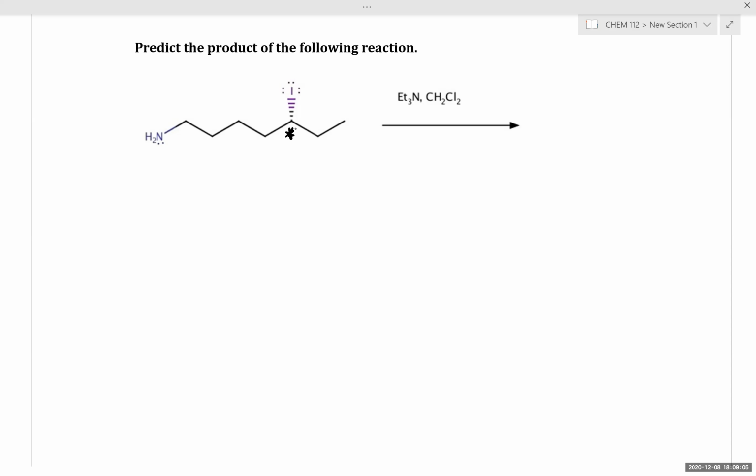So let's take about 2 to 3 minutes and let's try to draw a mechanism and predict the product from the following reaction. And don't be shy to share your responses using the annotate tool, or you can share your questions in the chat or verbally.